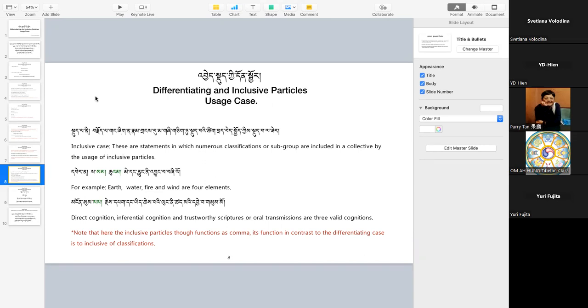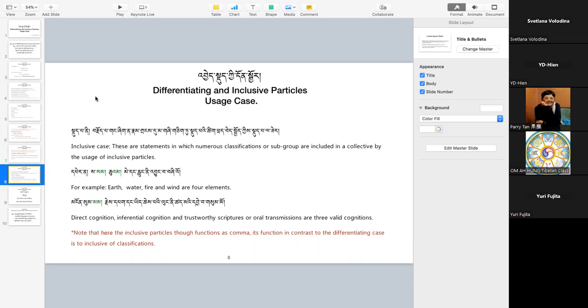Now the second usage case, which is a direct usage case, is of the inclusive case, duba. Duba ni, juba khan shi na namdang thuma shi. Chikdu dube tsikte. Chikdu dube tsikte pechki dubala ser. Meaning that these are statements in which numerous classifications or subgroups are included in a collective by the usage of the inclusive particle.